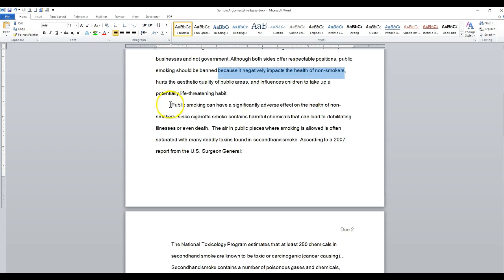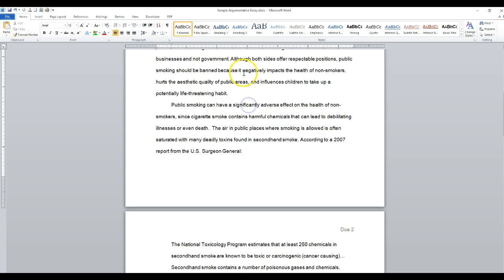So if you notice, the very first sentence of the body paragraph is: public smoking can have a significantly adverse effect on the health of non-smokers since cigarette smoke contains harmful chemicals that can lead to debilitating illnesses or even death.